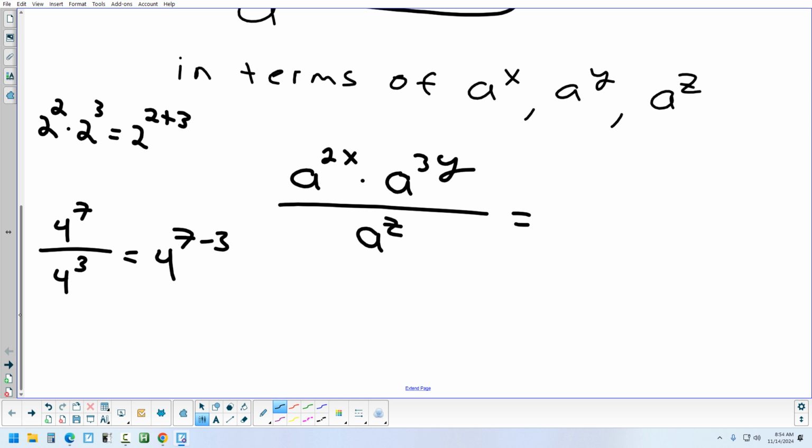A to the x times a to the x, for example, to get a to the 2x. Can you give me an example with all numbers? X, that's a letter. 2, we like twos. Okay? 2 plus 2, 2 times 2.